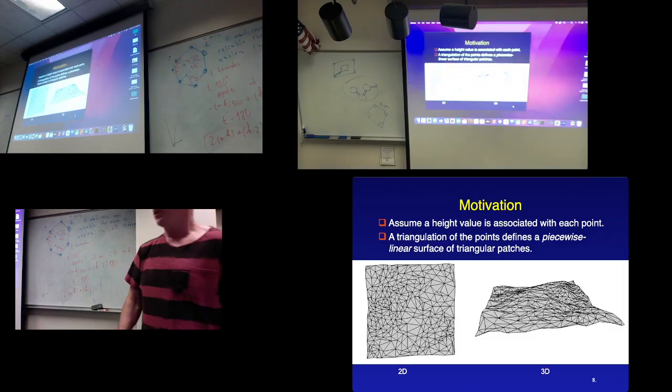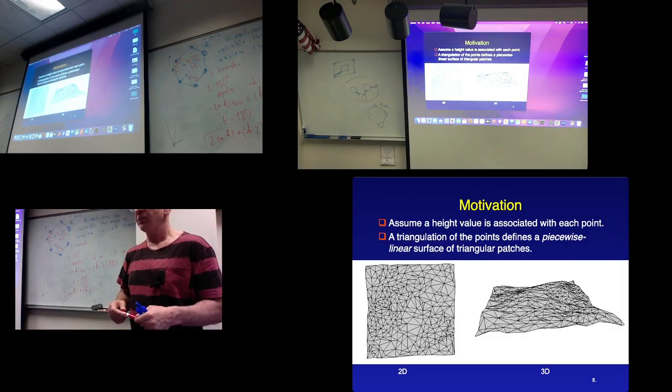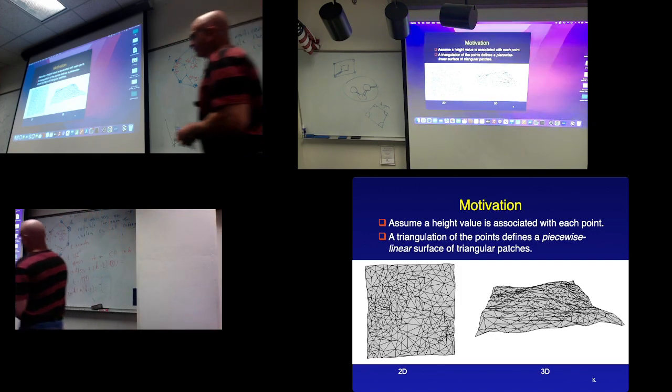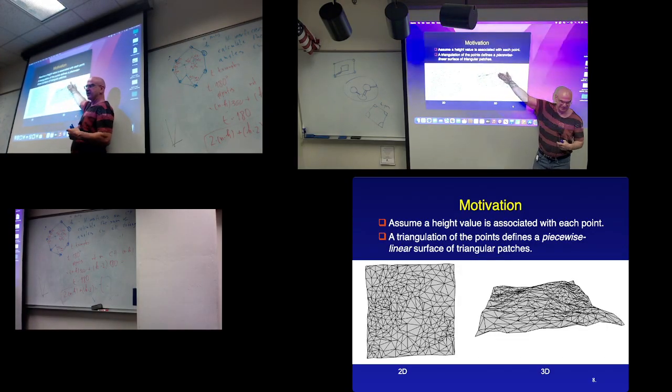So I have a set of points. However I triangulate them, I'll end up with the same number of triangles. But about the quality of the triangulation, I can have very, very different results. And if I want to do things with this triangulation, like send it to 3D printing because that's the skin of the surface of a shape that I'm creating, send it to render it, or do numerical analysis.